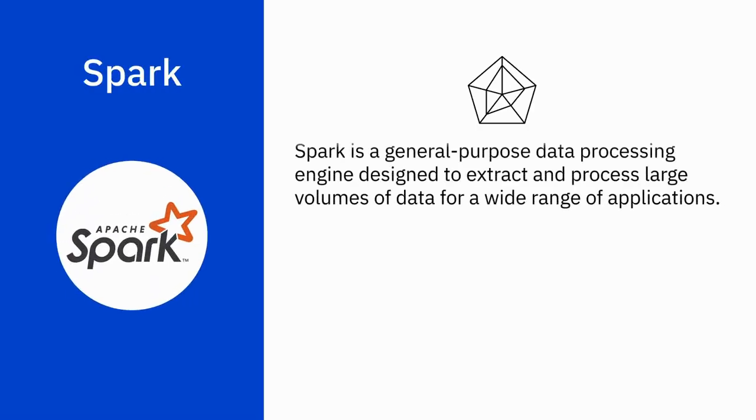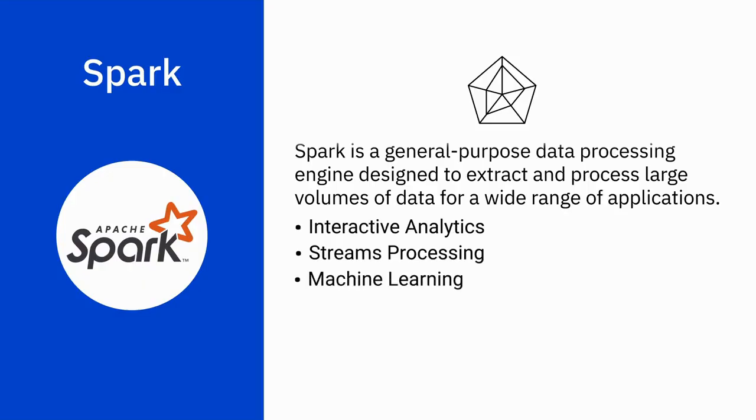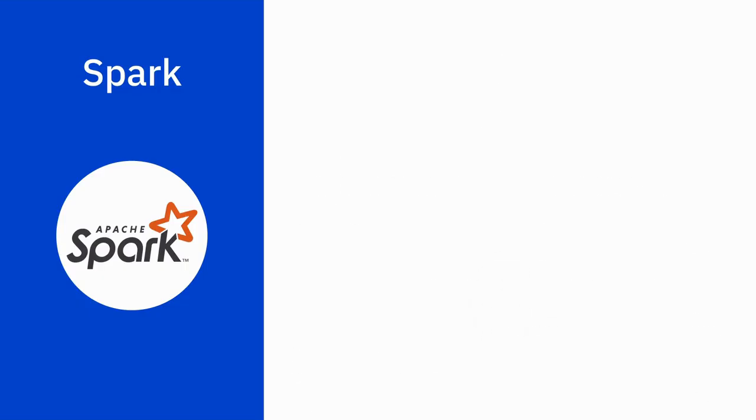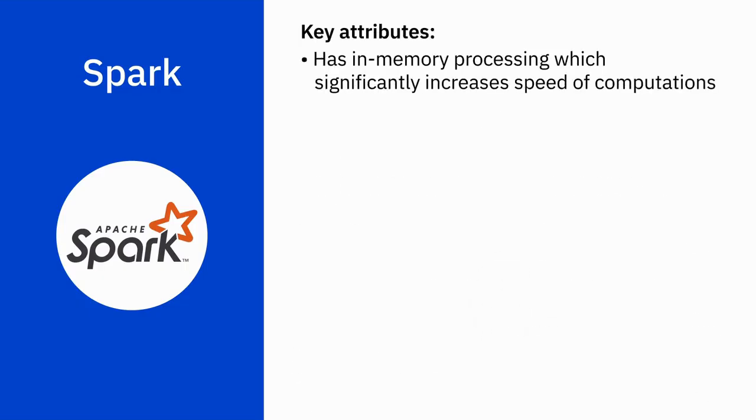This brings us to Spark, a general-purpose data processing engine designed to extract and process large volumes of data for a wide range of applications, including interactive analytics, streams processing, machine learning, data integration, and ETL. It takes advantage of in-memory processing to significantly increase the speed of computations and spilling to disk only when memory is constrained.